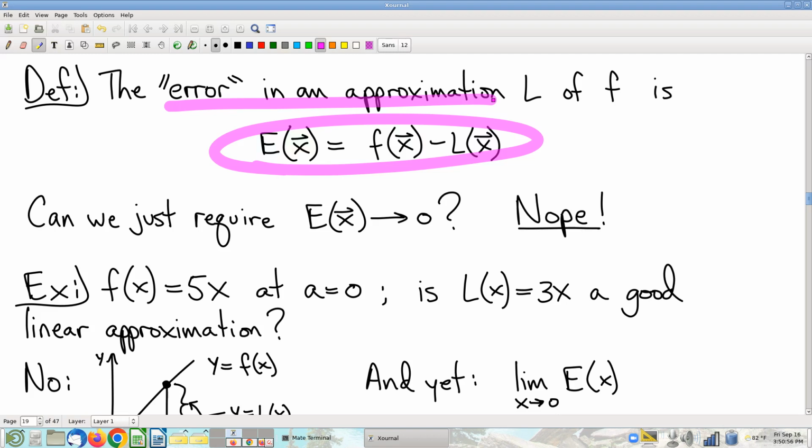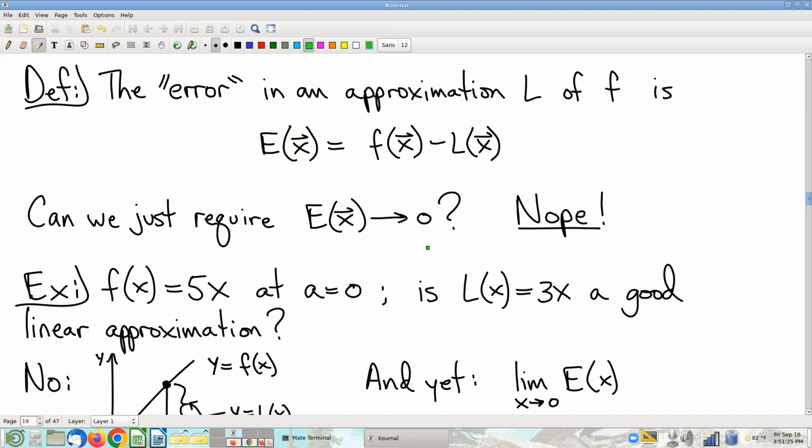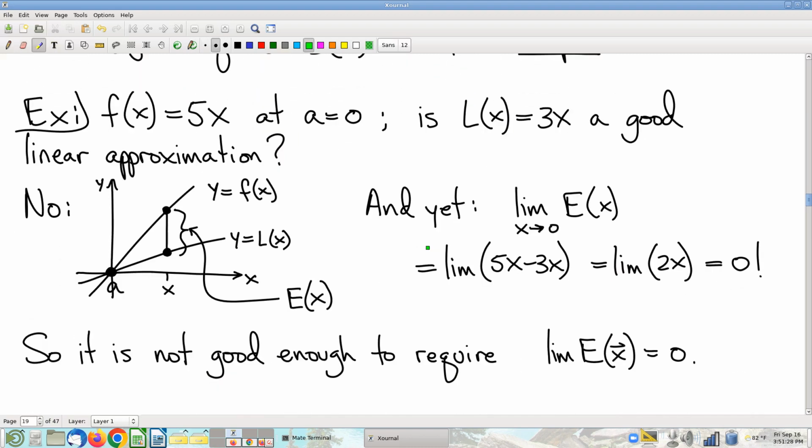And doesn't it seem also reasonable that if you want a good linear approximation, we should just want that error to approach 0? The error is what's bad about the approximation. If the badness goes away, isn't that good? Just to oversimplify, this seems like a reasonable choice. And it turns out that it's not. It's more complicated than this as well. And here's my example. Here's a function.